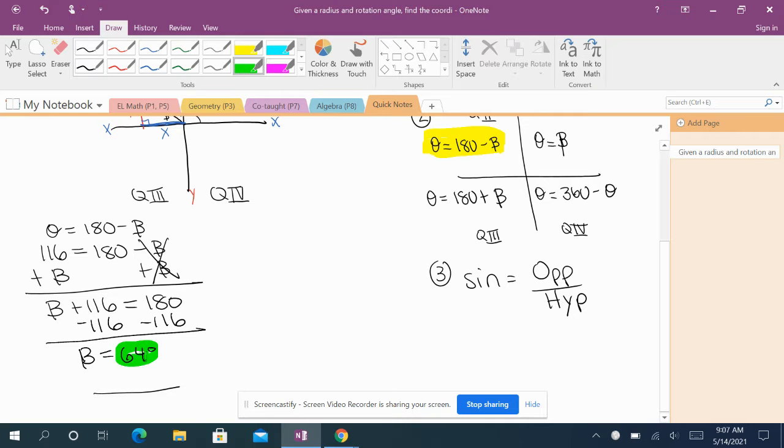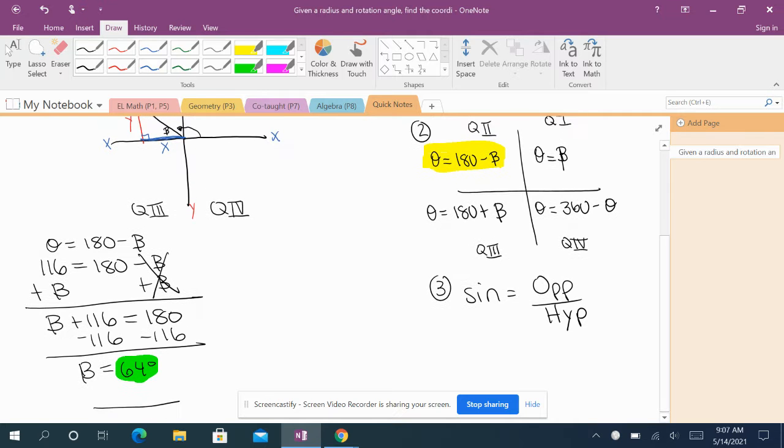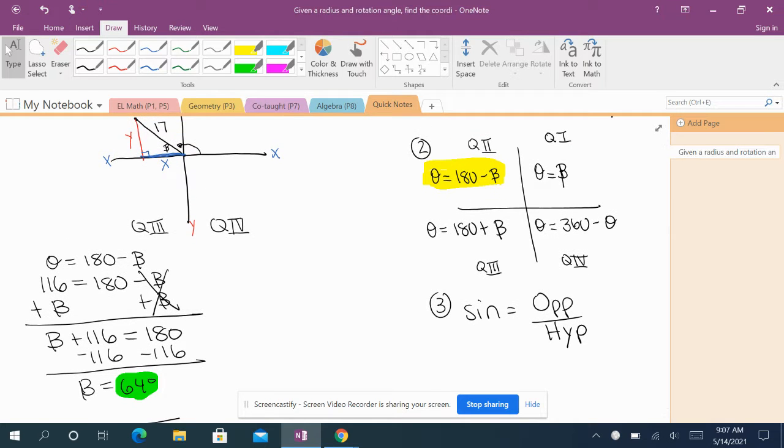This is not my answer, but it's going to get me pretty close to it. Now I need to find the lengths of x and y. To do that, we can use sine and cosine. I'm going to use the sine of our angle, which is now 64. Sine is opposite over hypotenuse.